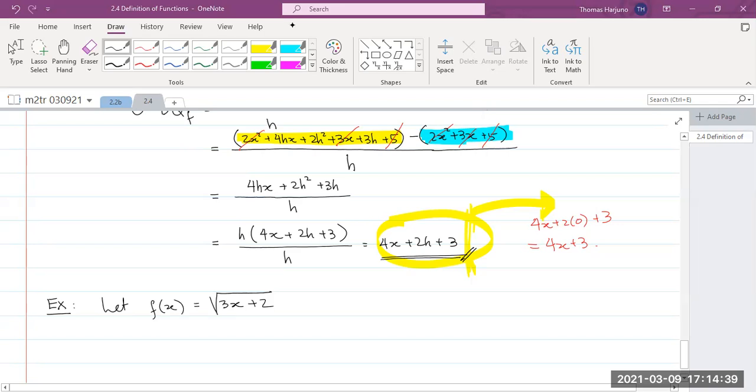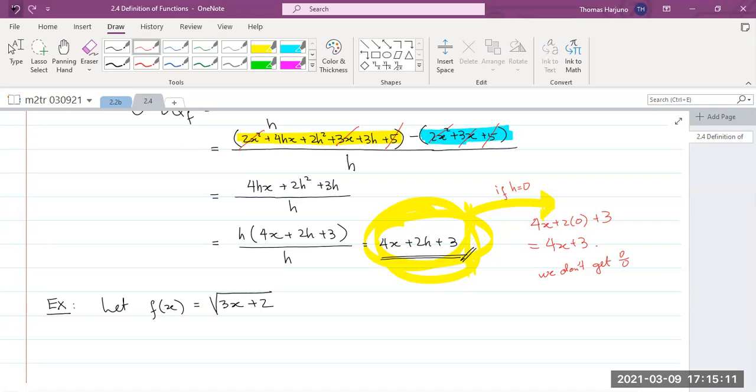We can stop here because when you replace h equals 0, we don't get 0 over 0. Then you know you can stop here. Okay, let's do one more example to explain that idea. Plugging in f(x plus h), and so on and so forth, is actually not too hard.